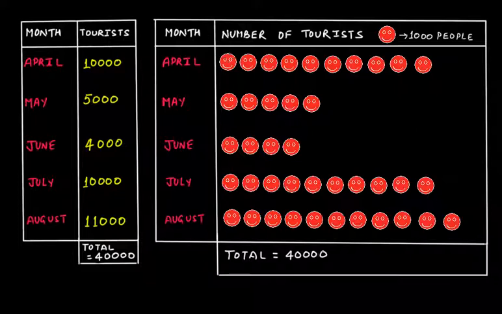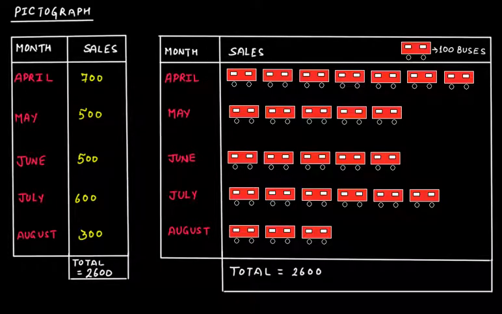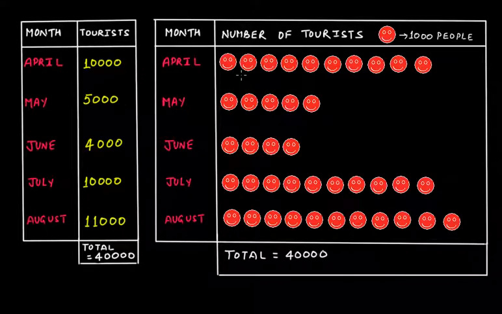So one important thing before discussing this one: your images or pictures should be relevant to the data that you want to represent, or the information that you want to convey to your readers. In this case, we are showing you the sales of buses, so I have used an image that represents a bus. In the same way, here I'm talking about tourists.